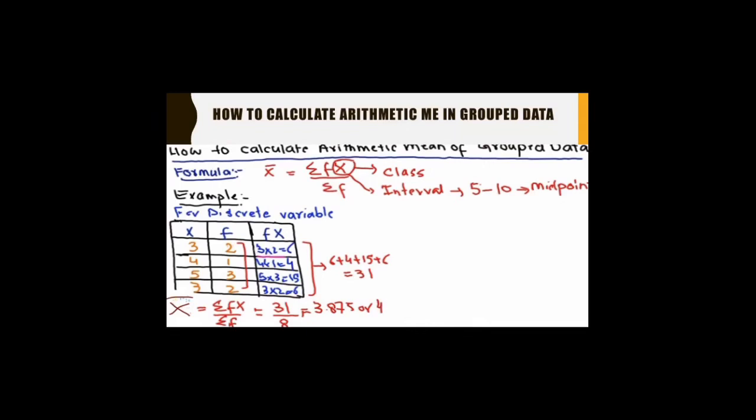So 3 into 2 is 6, 4 into 1 is 4, 5 into 3 is 15, and 3 into 2 is 6. Sigma fx is the total of the third column, which comes to 31, and sigma f is the total of the second column, which comes to 8. So 3.875, or rounded off as 4, is the mean in the discrete series using direct method.